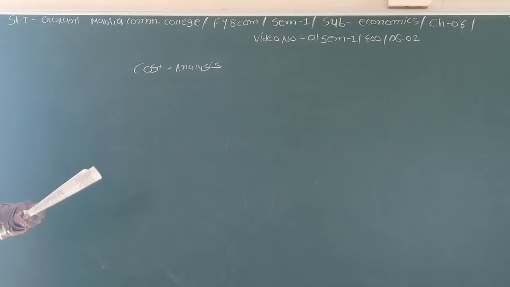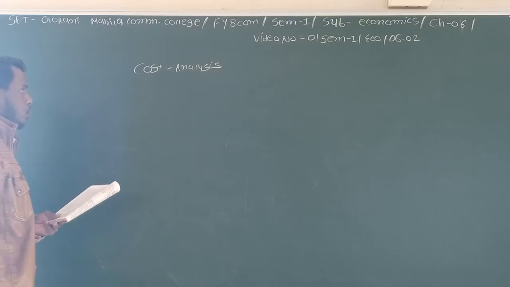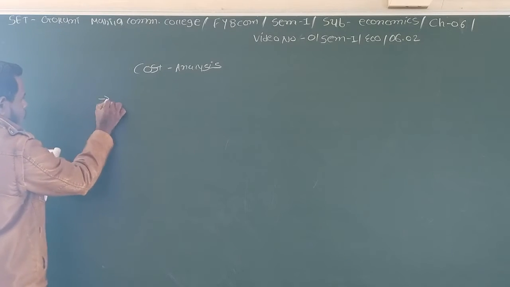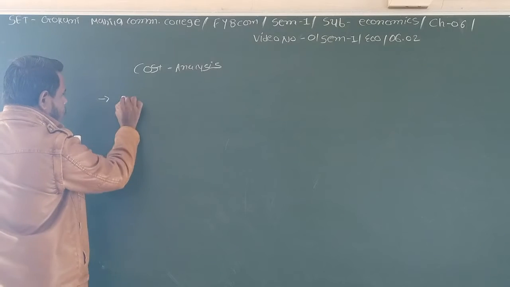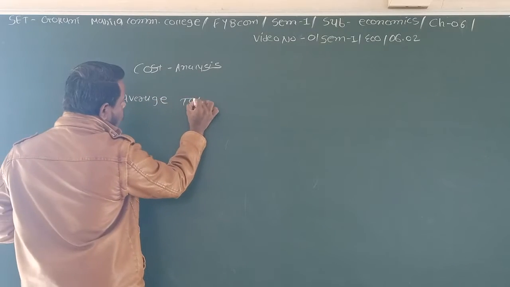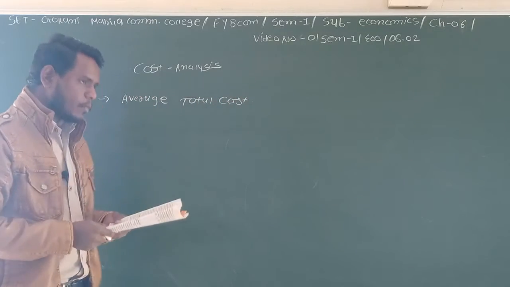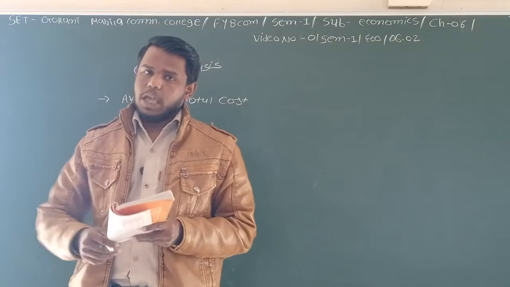On page number 136, there is average cost and marginal cost. So first of all, let's understand what is average total cost. That is also known as average cost.